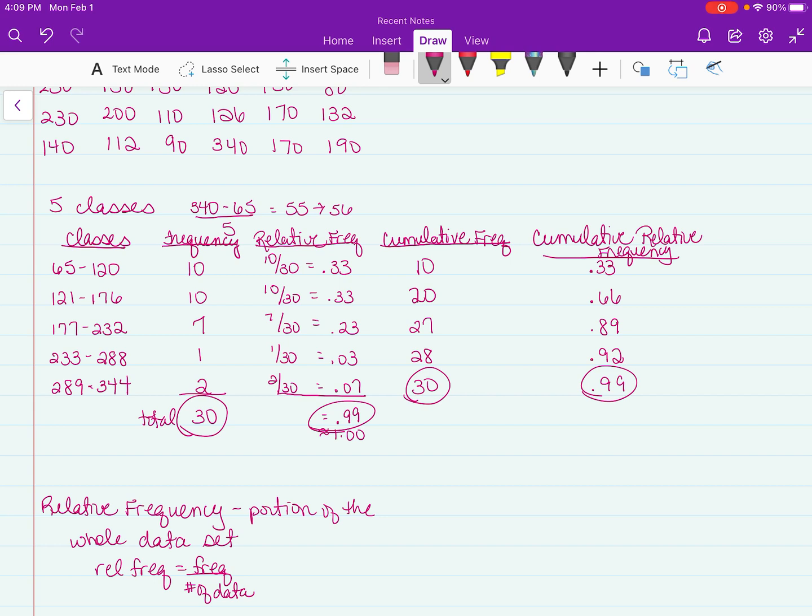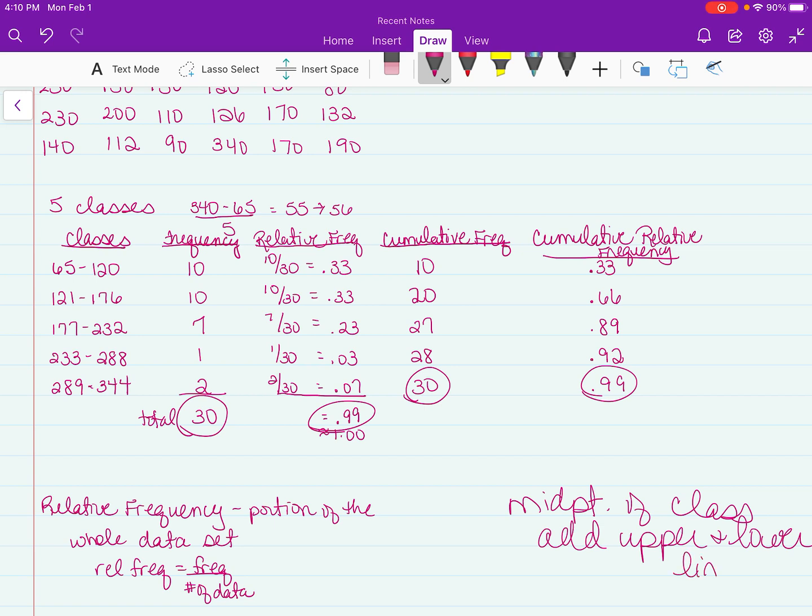To calculate the mean and the standard deviation, when given nothing but a frequency distribution table, you'll have to calculate the midpoint of the classes. To find the midpoint of the class, which we'll also do if we're graphing, you would add the upper and lower limits and divide by 2.